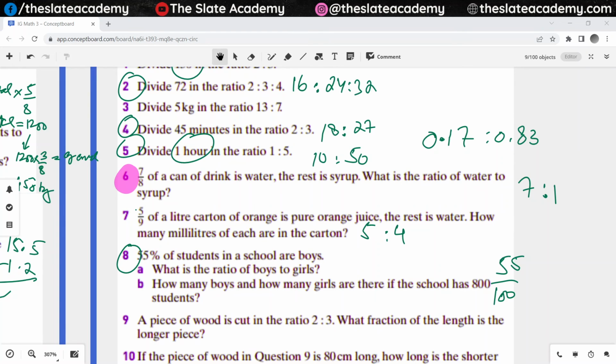So girls would be 100 minus 55. So the ratio of boys to girls is first of all 55 is to 45. And then I simplify it, so it would be 11 is to 9. 11 is to 9 would be the final ratio. Divide them both by 5.